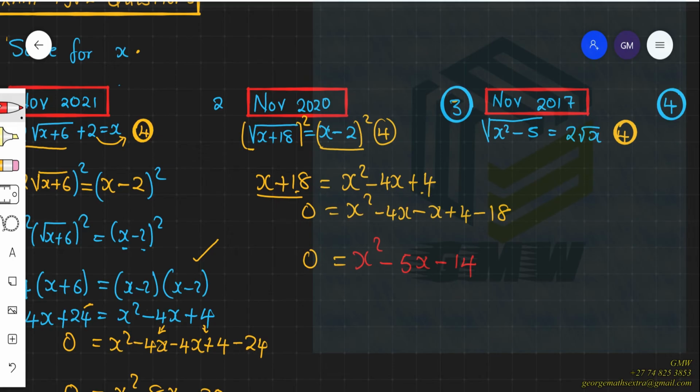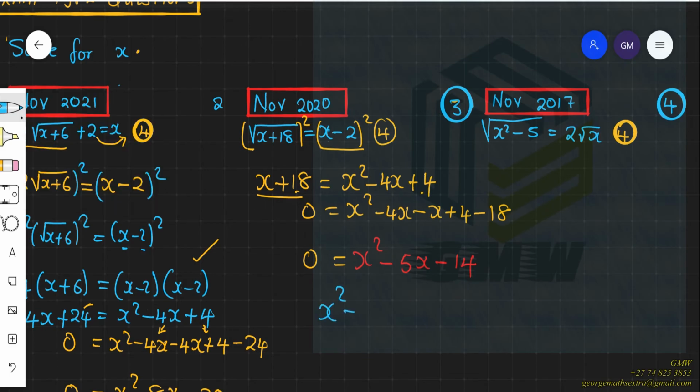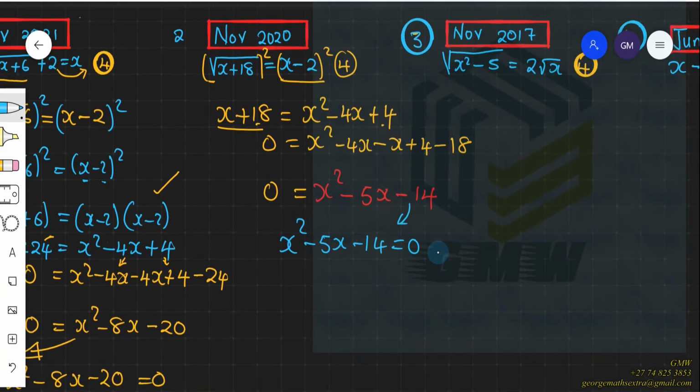Like I said, the mind has to be sorted well here. So I'll put this as x squared minus 5x minus 14 equals 0. I just rewrote this equation and put the 0 on my right, the equation on my left, like that.